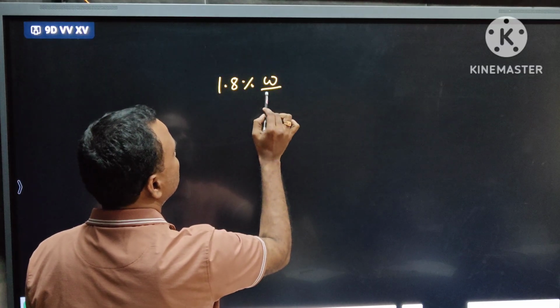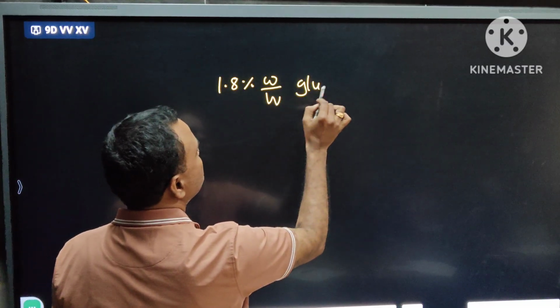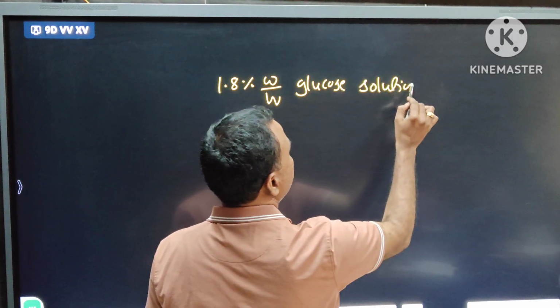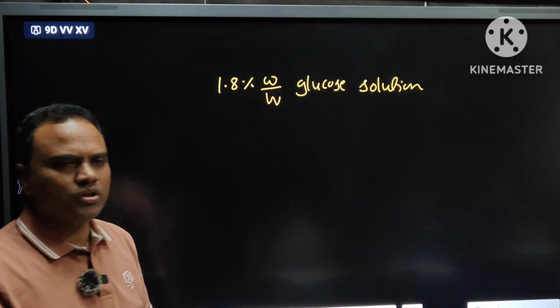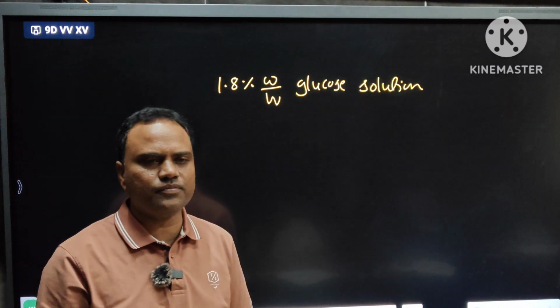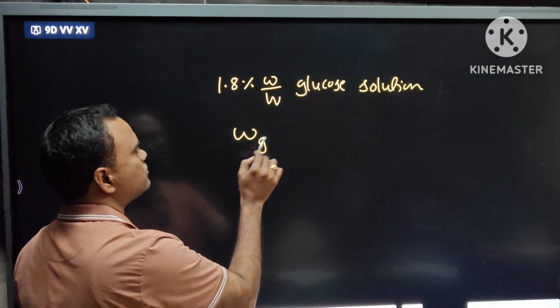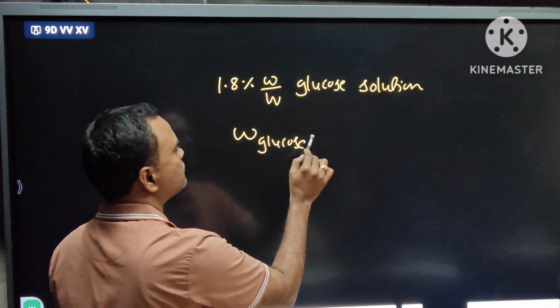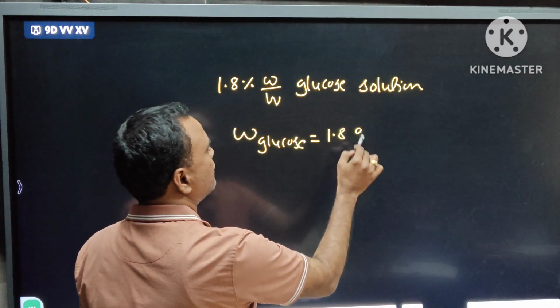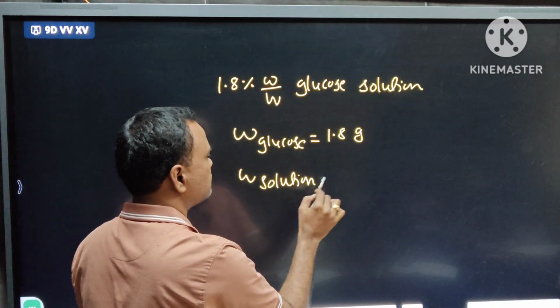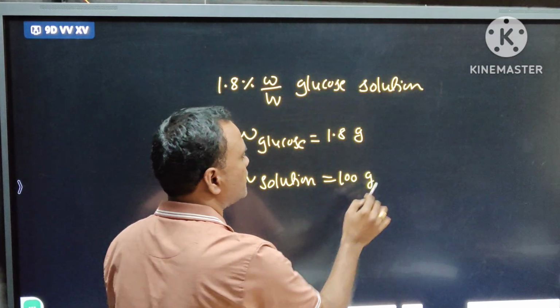1.8% W by W glucose solution. Write directly the weight of the glucose, the weight of the solution, and the weight of the solvent. What is the weight of glucose? 1.8 grams. Weight of solution, 100 grams.